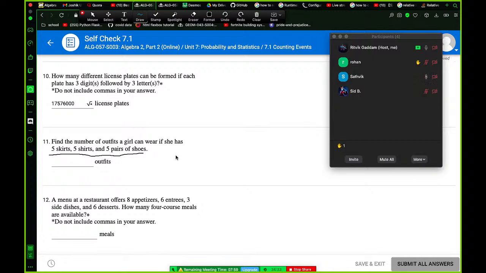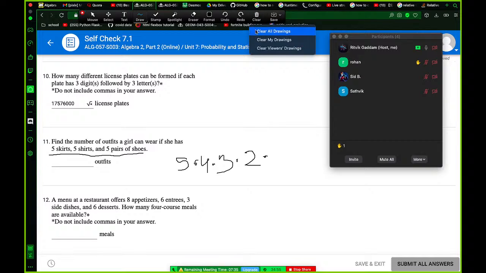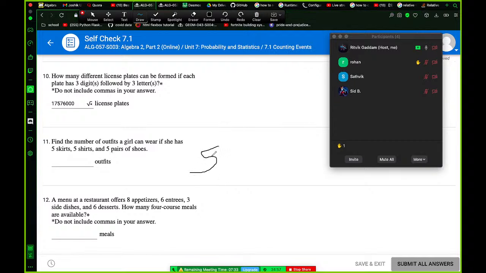Is it 5 times 4 times 3 times 2 times 1? I don't think so. I think it's just 5 cubed, which is 5 to the power of 3.